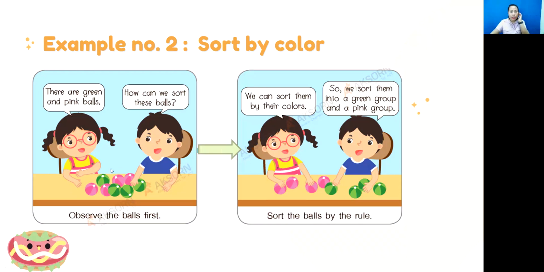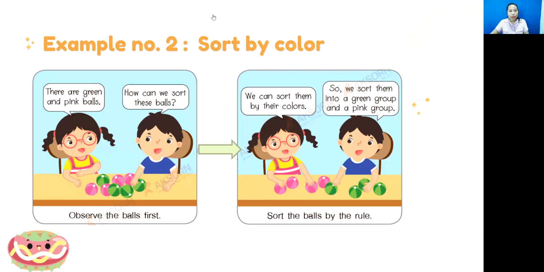So here for number 2, we can sort by colors. For number 1, we can sort or group by sizes, if it is big or small or large, mid or medium, okay? Please don't unmute.